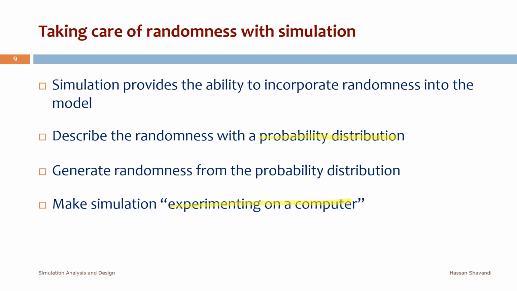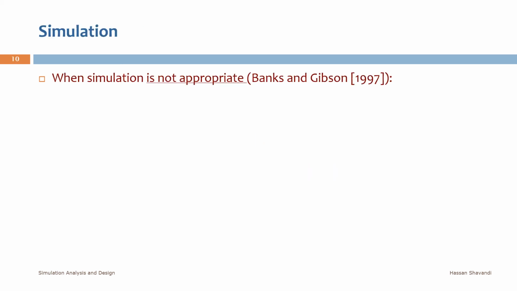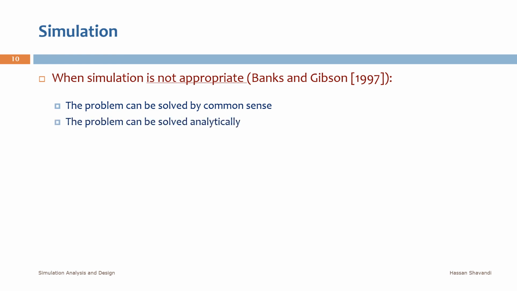Okay, so let's see when simulation is not appropriate. When the problem can be solved by common sense, so the system is simple enough, in this case we don't need simulation. Or again, the system is simple enough and we can solve it analytically by prescriptive models.